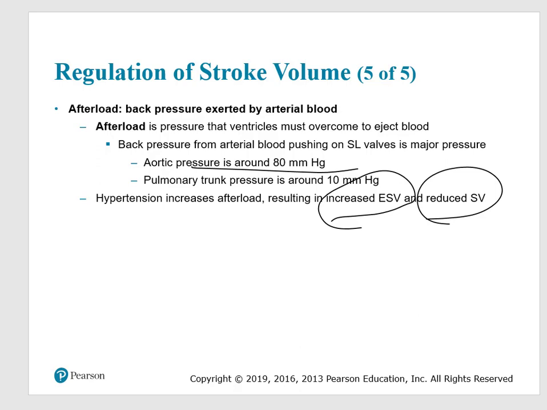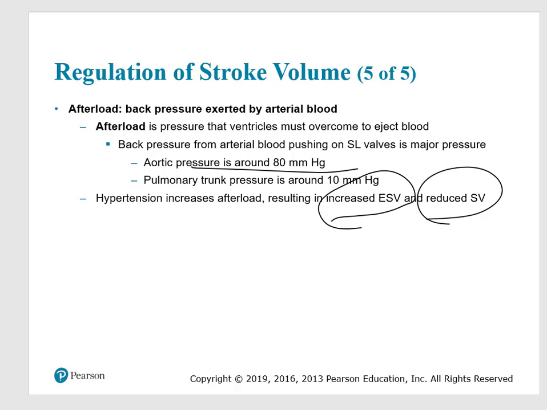So three things affect your stroke volume. Once again, your preload, venous return, and the stretchability of the cardiac muscle; contractility of the muscle. How strong the contractile muscle is determines how much blood is left behind.